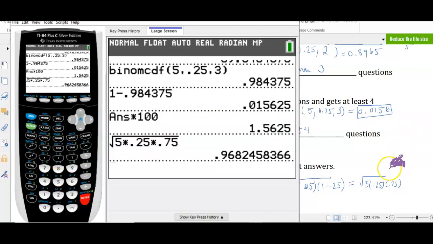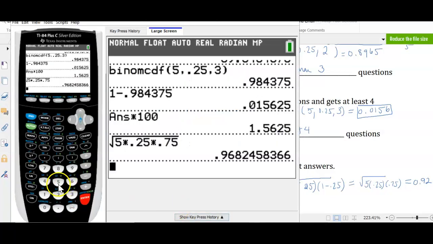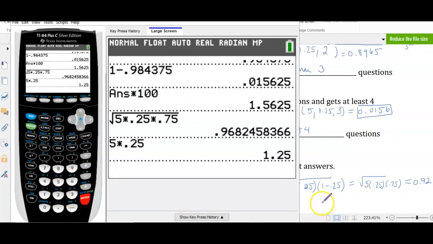And so this ends up being 0.97. And the mean is going to be 5 times 0.25, and we get 1.25.